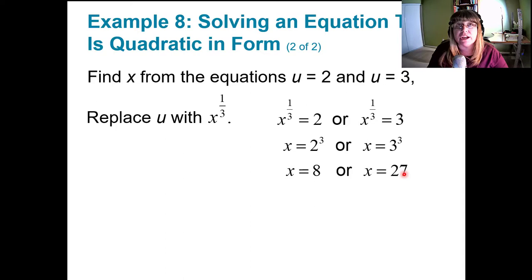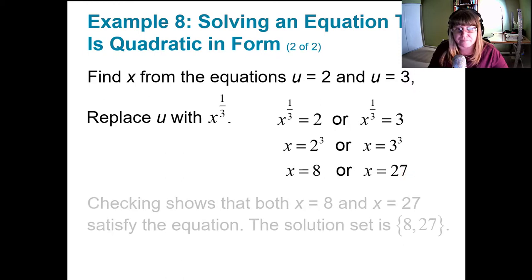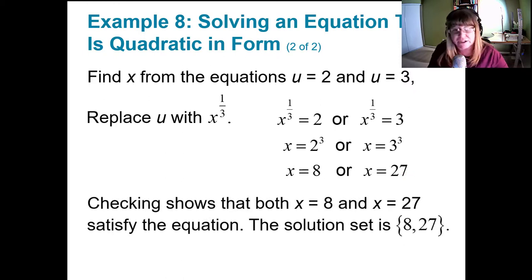Okay, so we're substituting u to stand in for something that's a little bit more complex. We're solving for u, but then we have to plug in what u was originally and solve that equation. And check your answers, and indeed our solution set is 8 and 27.